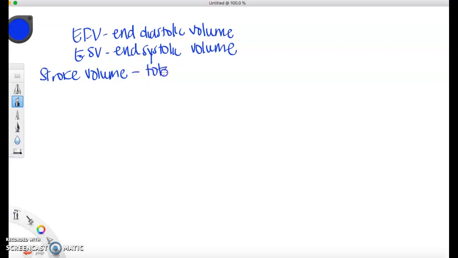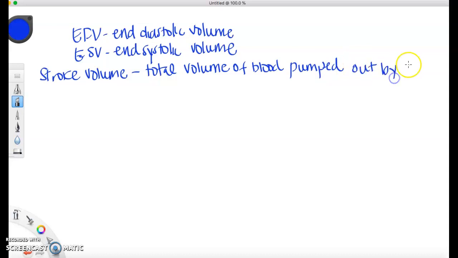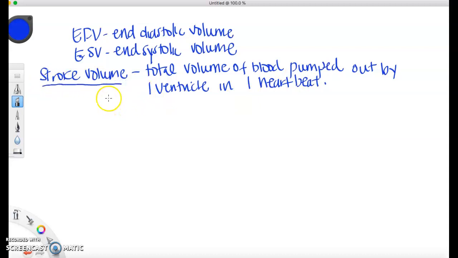So the total volume of blood pumped out by one ventricle in one heartbeat. So the stroke volume we can figure out from the end diastolic and end systolic volumes.